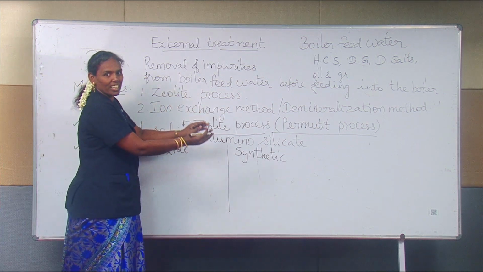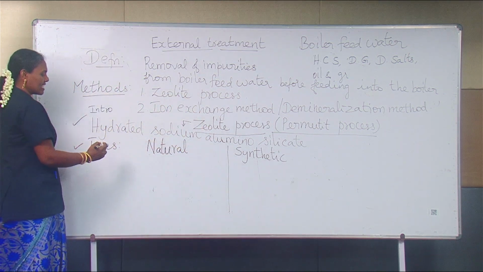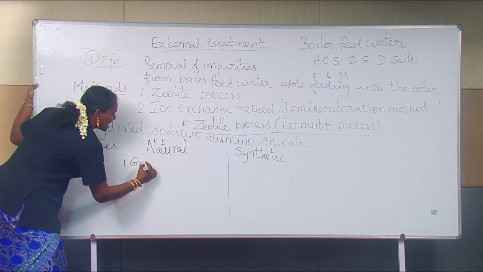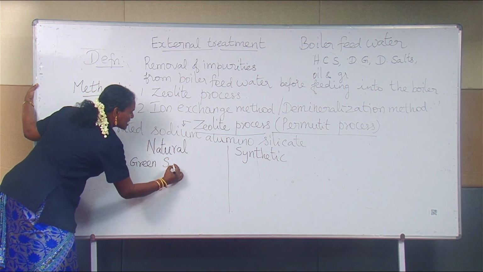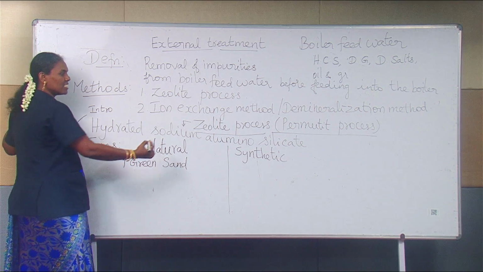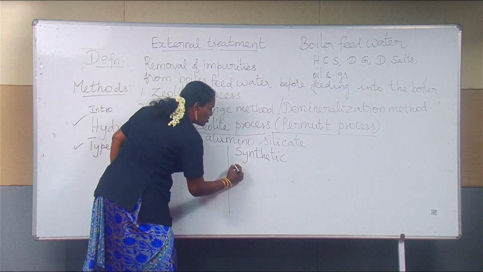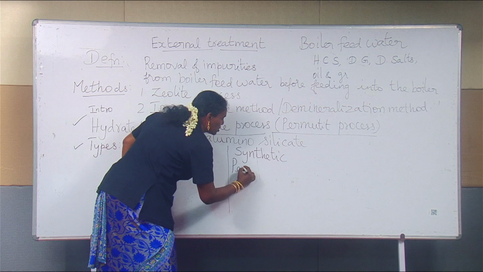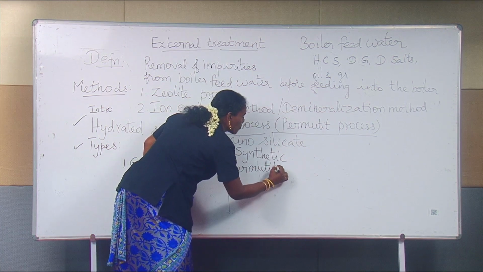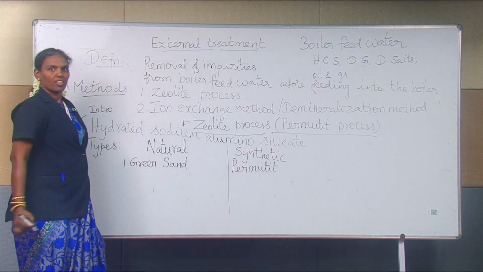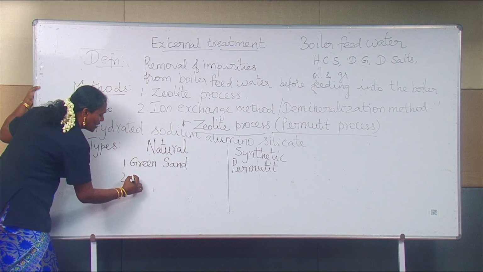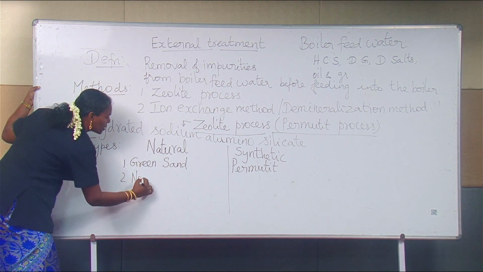Where is natural zeolite present? It is present in green sand. Synthetic zeolite is only called permutit, which we prepare ourselves. Then, as for the structure, natural zeolite is non-porous in structure.